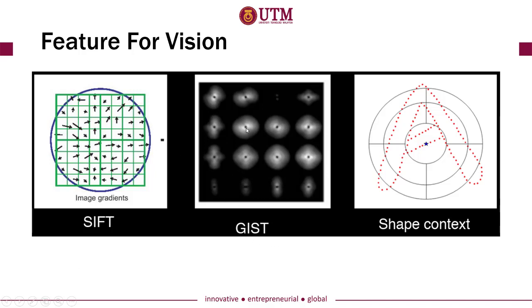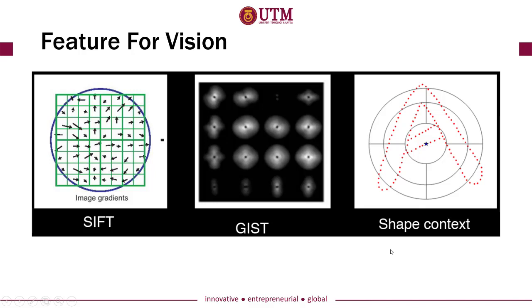GIST is also a texture based feature, while shape context is a shape based feature, meaning that with the shape context approach, the input is the image, and the output is a set of numbers that represent the shape of your region of interest.